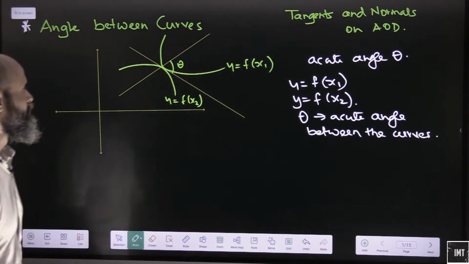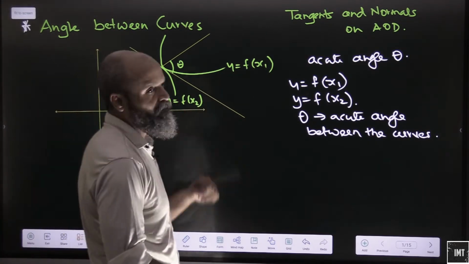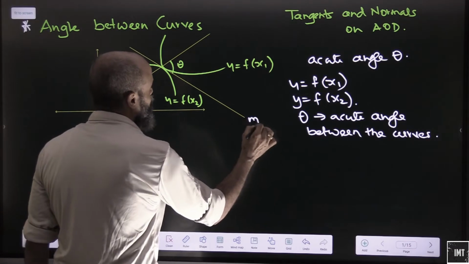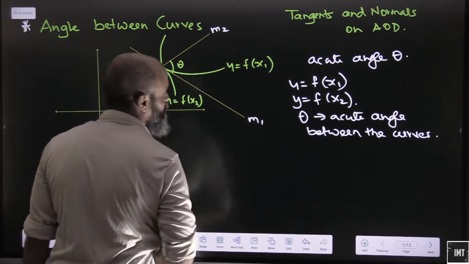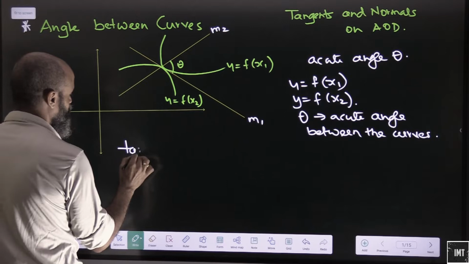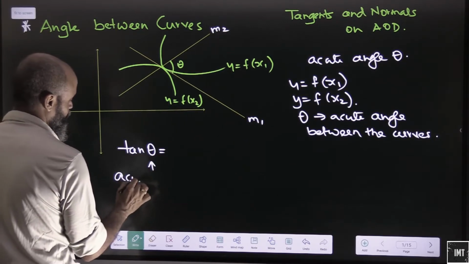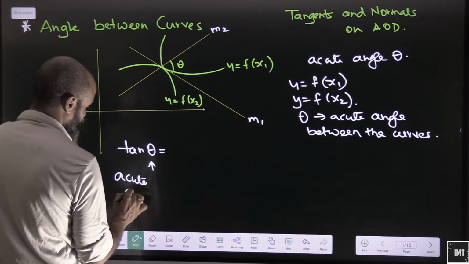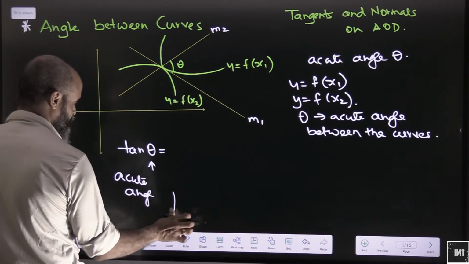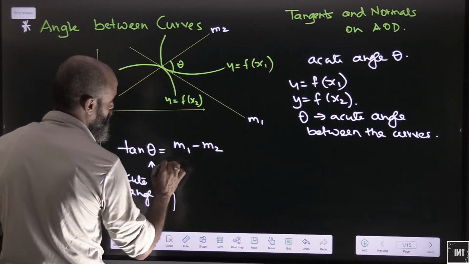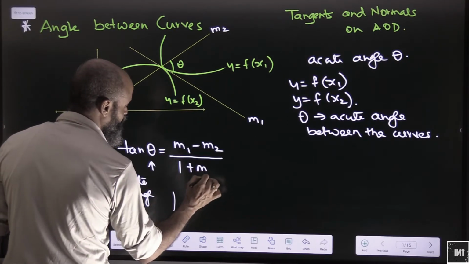Now this will have a slope and this will also have a slope. Let's say one of the slopes is m1 and the other has a slope of m2. The tan of the acute angle theta between them would be equal to the mod of m1 minus m2 upon 1 plus m1 m2.